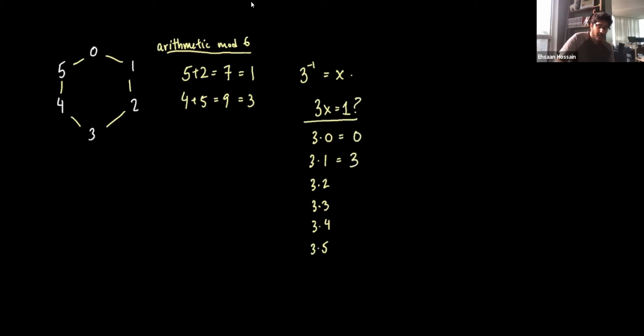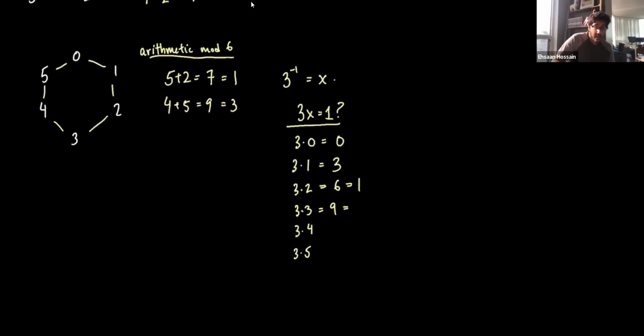What's 3 times 2? That's 6. And 6, when you wrap around the clock, is 1, right? So 3 times 2 is 1. Well, let's write it as 6, which is 1. 3 times 3 is 9, which is what? 9 mod 6 is 3, because it's 3 greater than 6.